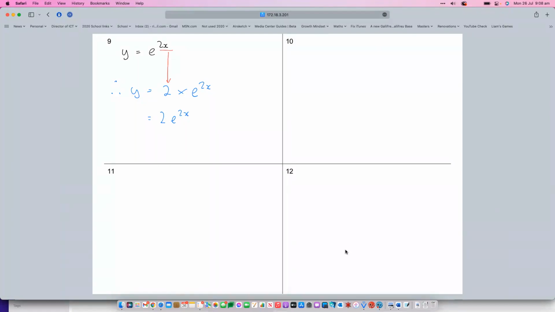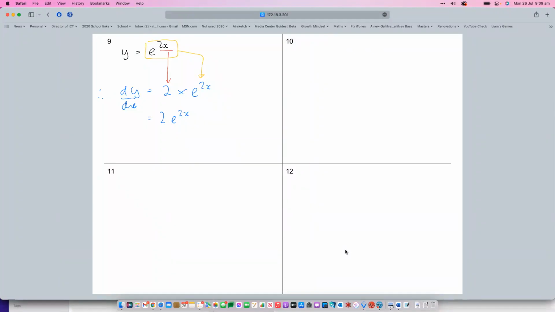Sorry, I didn't write it very well. Therefore, dy by dx equals 2 times e to the 2x. Okay? So I find the derivative of the power, and then I find the derivative of the whole thing.